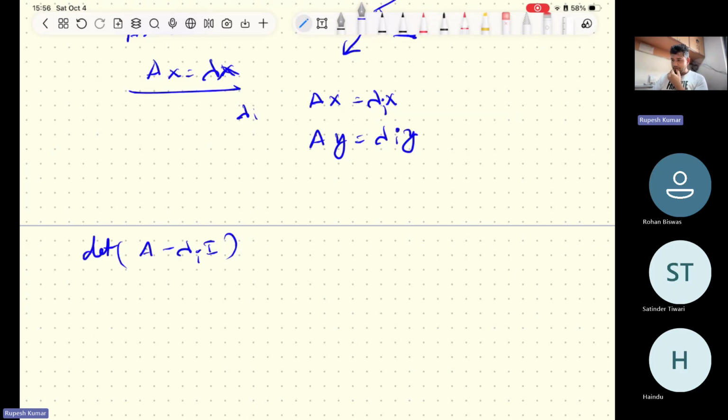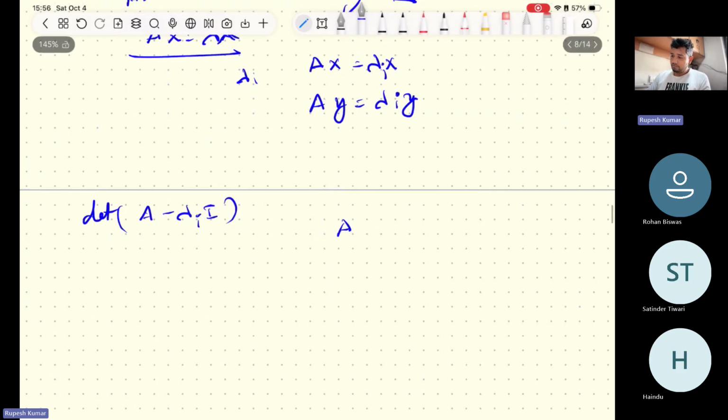Now, if you have a one dimensional null space, what can you say about this? Then you will see that two eigenvalues cannot map to the same eigenvector, right? We have proven this.